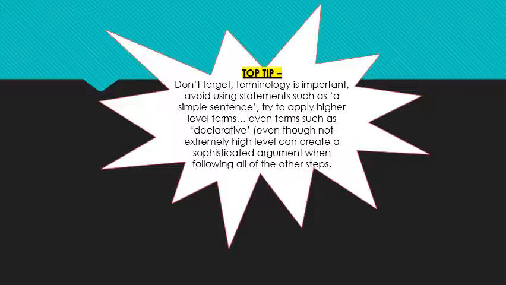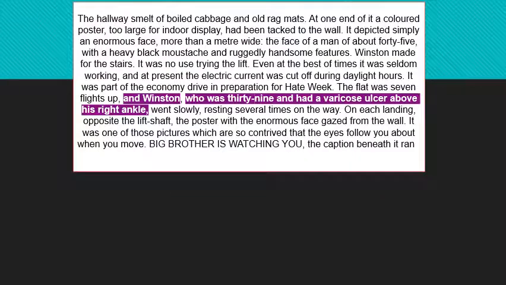So if you know the themes, if you know the genre, if you can start to relate it back to those things, even if you're not using the highest level of terminology, you can still create a sophisticated argument and evaluative statements about the effectiveness of structure. So do bear that in mind.